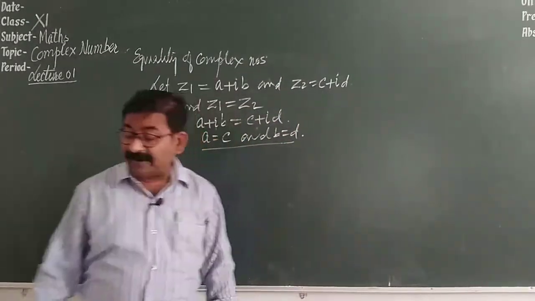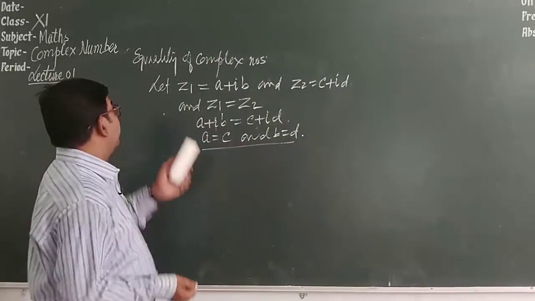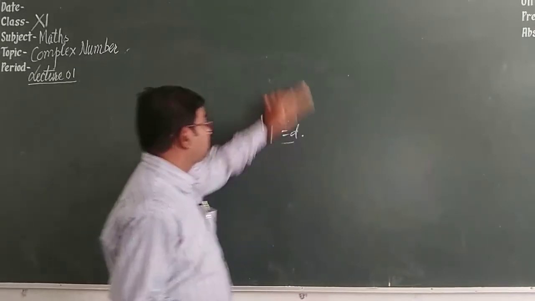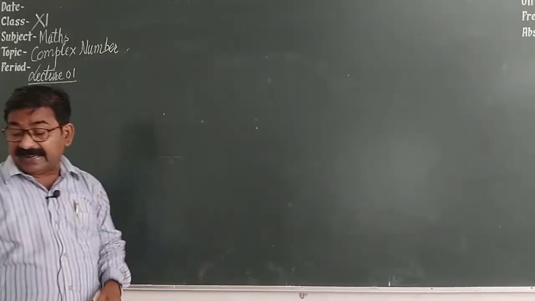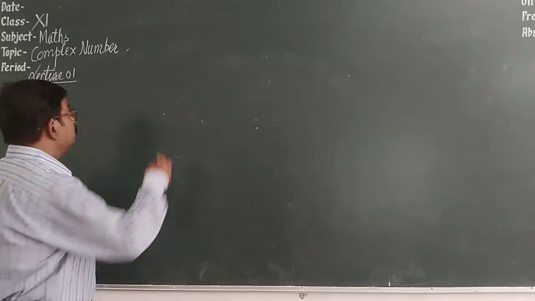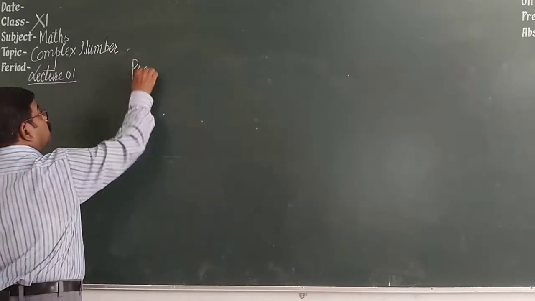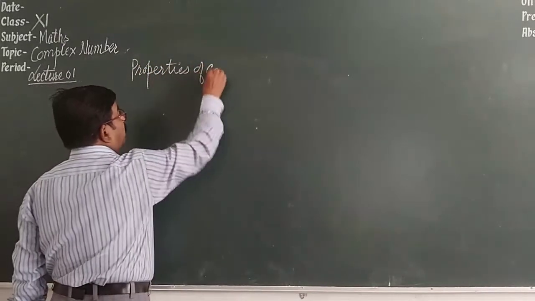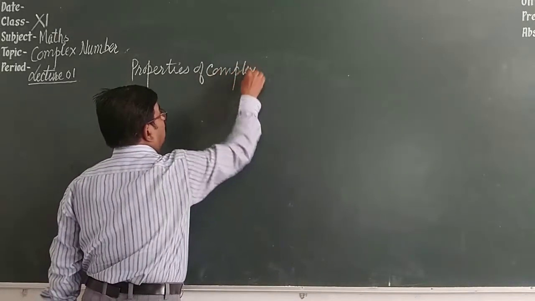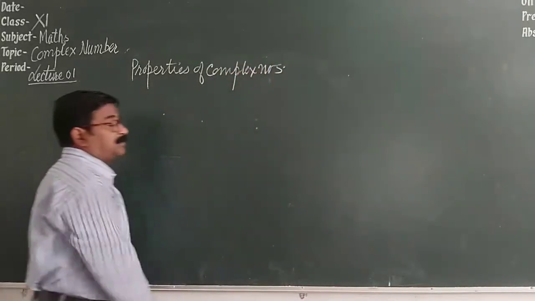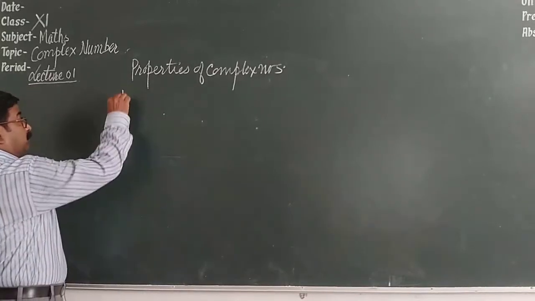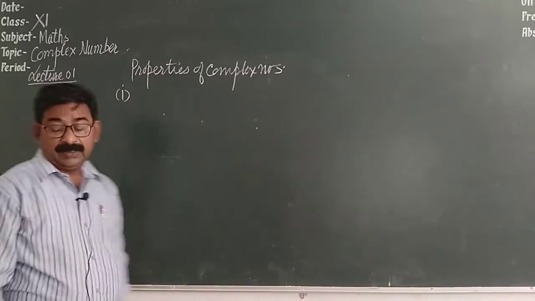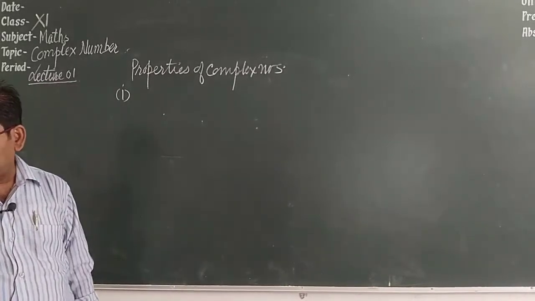So in case of addition, properties of complex numbers. Number one, first property, closure property. What is closure property?